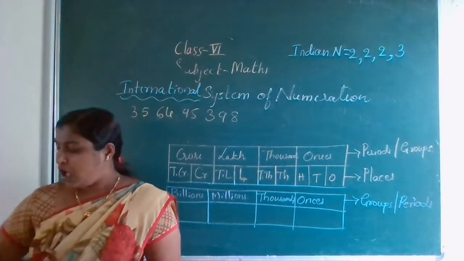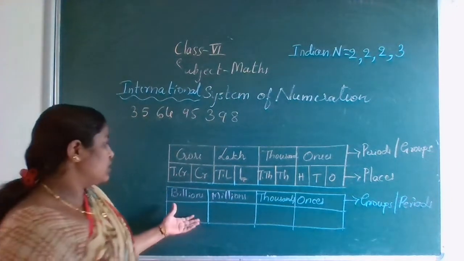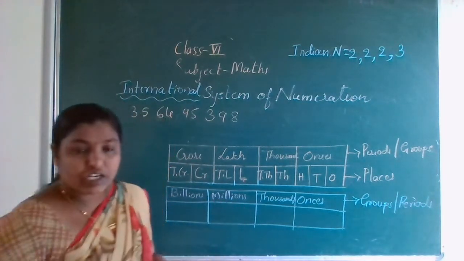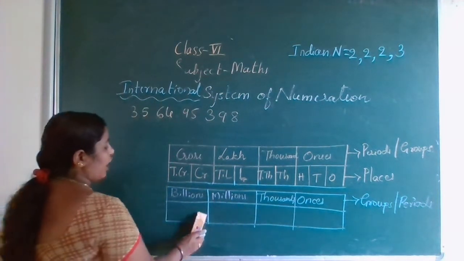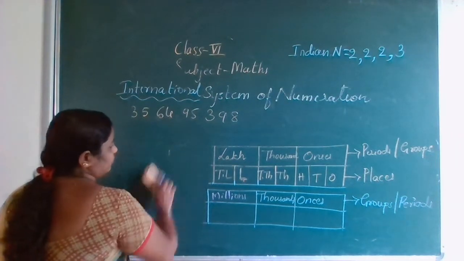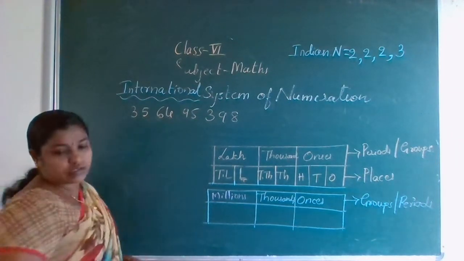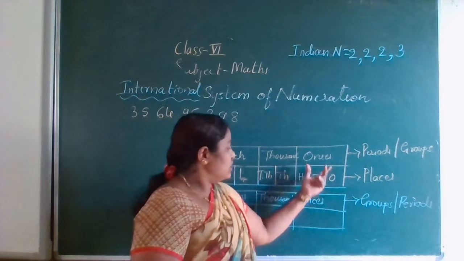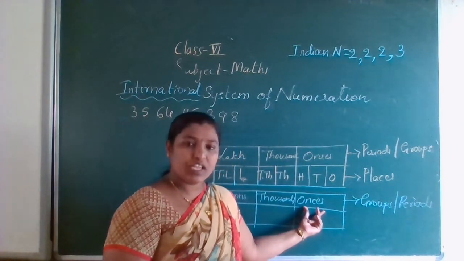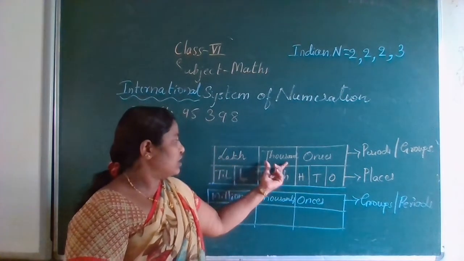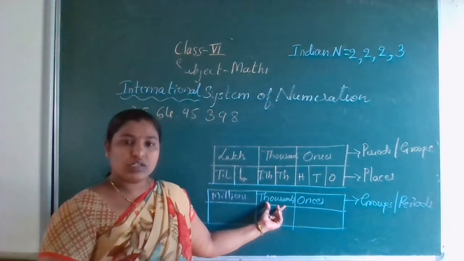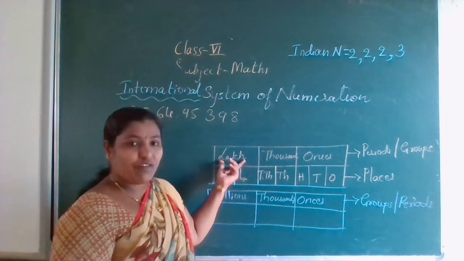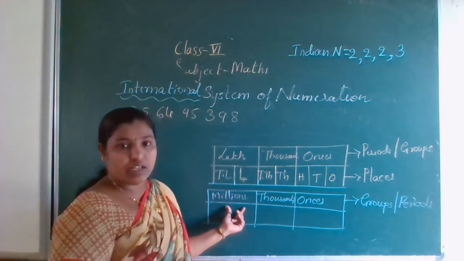Okay, how should we understand this? Up to lakh I will teach you, later I will take crore and billions. Up to lakhs, they also have a ones period and a thousands period. Here we have lakhs, they have millions.